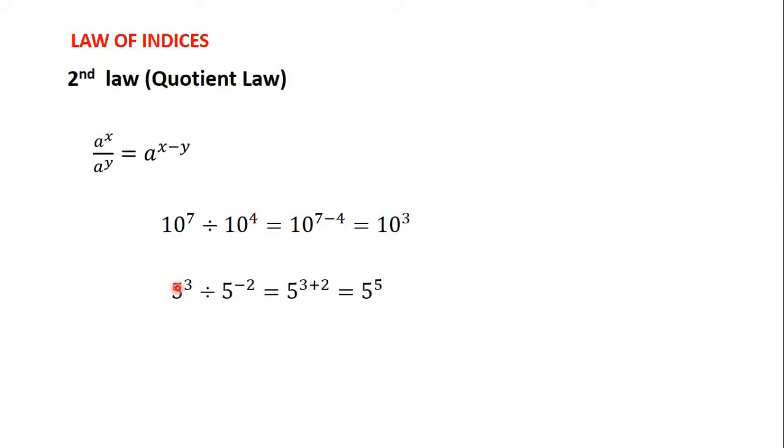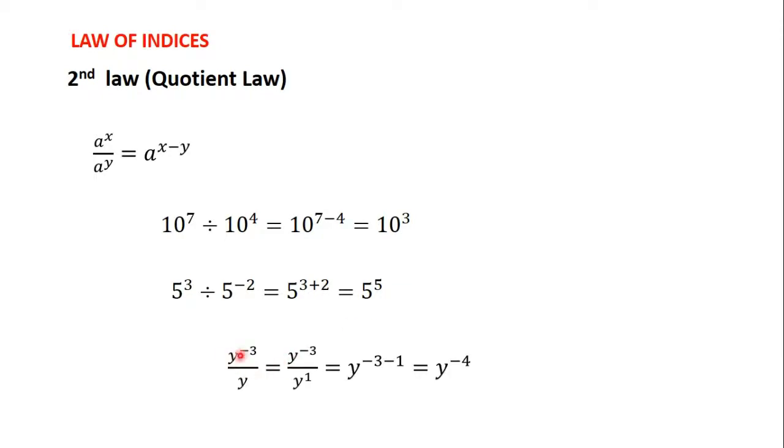If you have 5 exponent 3 divided by 5 exponent minus 2, you write one of the bases, so 5, then you subtract the exponent of the denominator from the exponent of the numerator. So you have 3 minus minus 2. We know that 3 minus minus 2 from algebra is 3 plus 2. So this will give us 5 exponent 5.